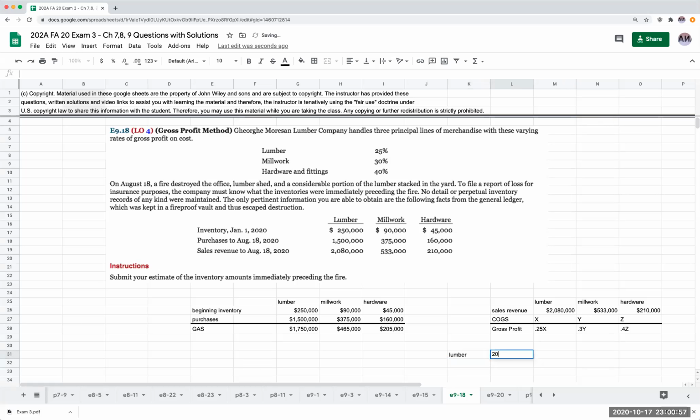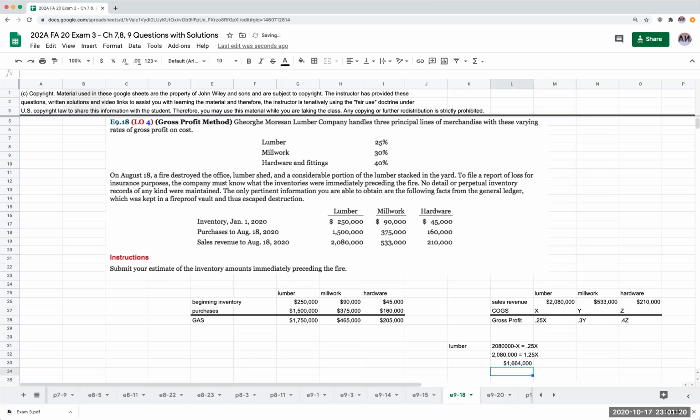Looking at each one, this would be for the lumber. So I'm going to get 2,080,000 minus X equals 0.25X. Adding X to the other side, I get 2,080,000 equals 1.25X. And so X is going to be equal to 1,664,000.